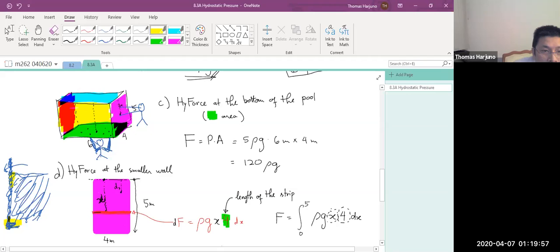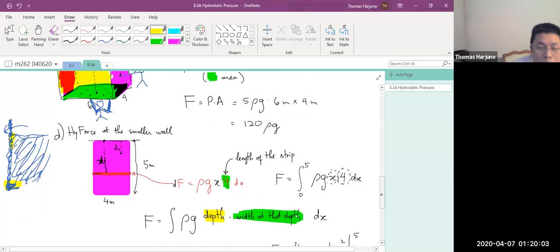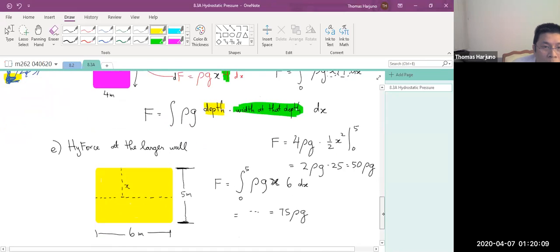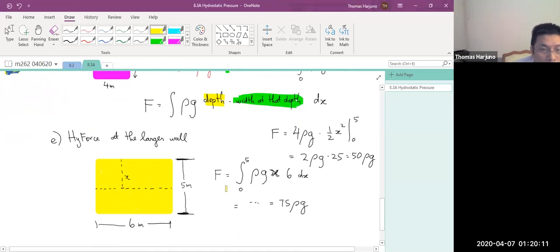Okay. Now, the hydrostatic force that I'm talking about here is how much force we need to apply to the whole small wall such that the wall is intact. And the hydrostatic force at the larger wall is the amount of force this wall has to sustain to have the water well contained in that container.